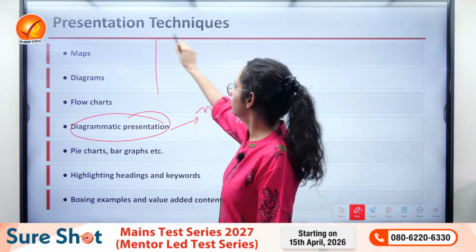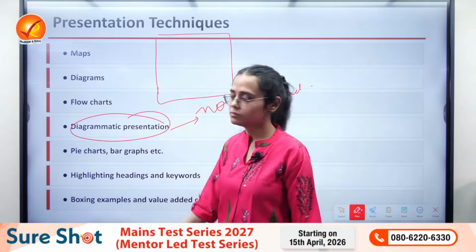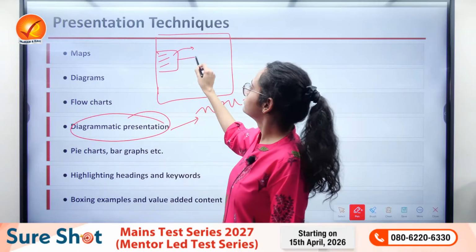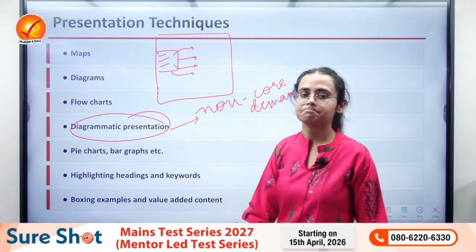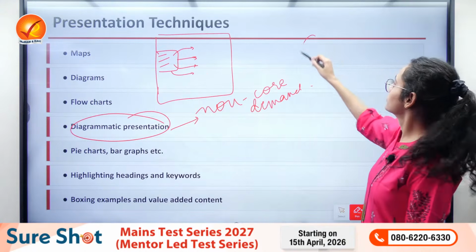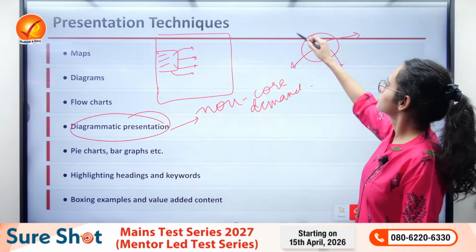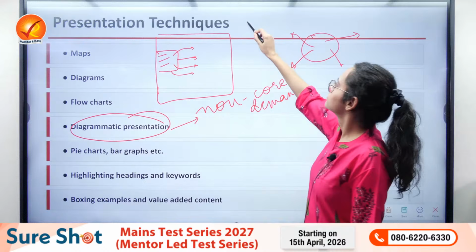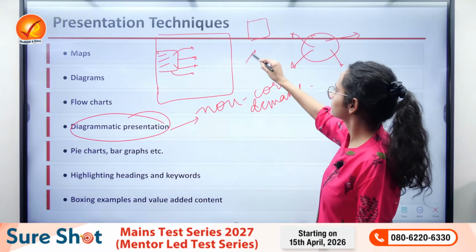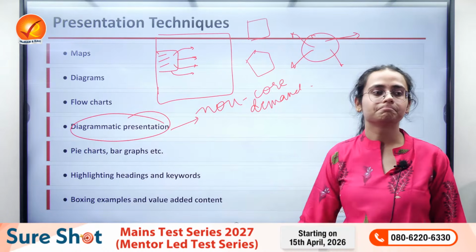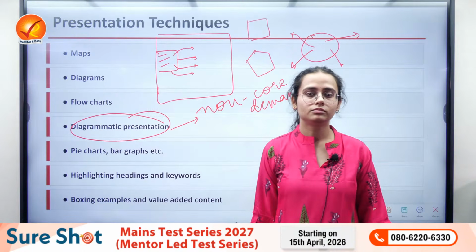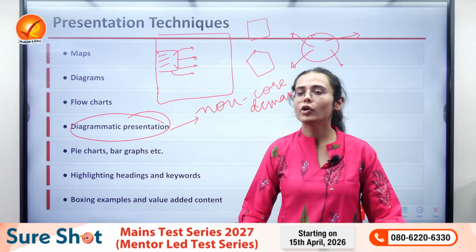Like this is the sheet, the non-core demand heading comes here. Use them. There are n number of ways to do that. Chart out your own innovative diagram.